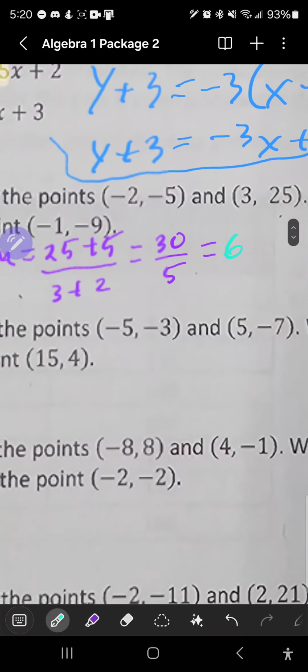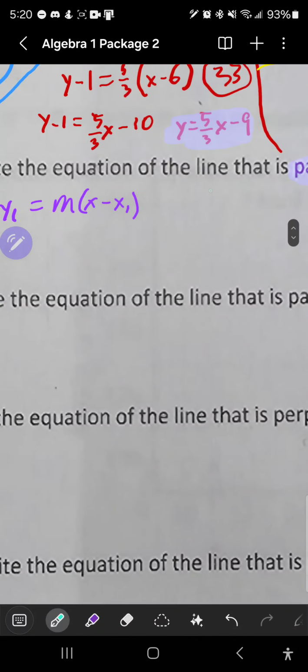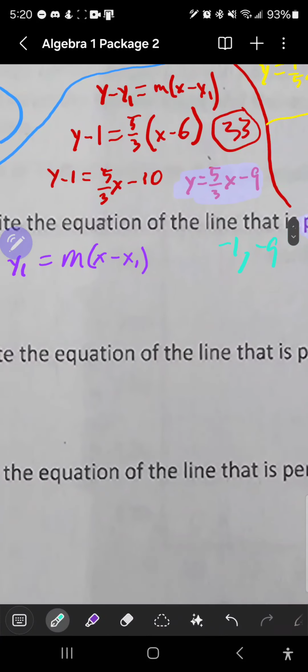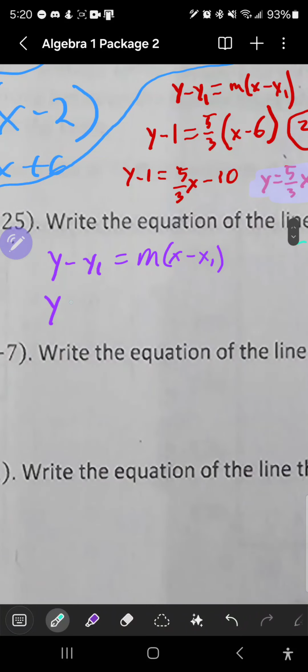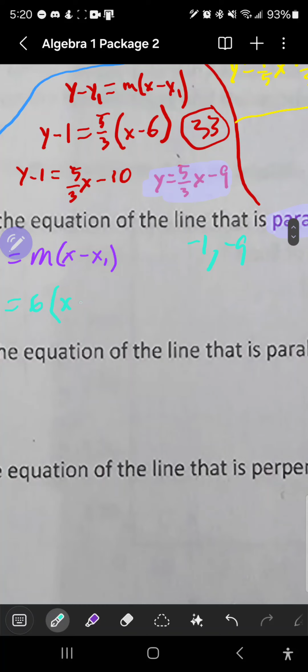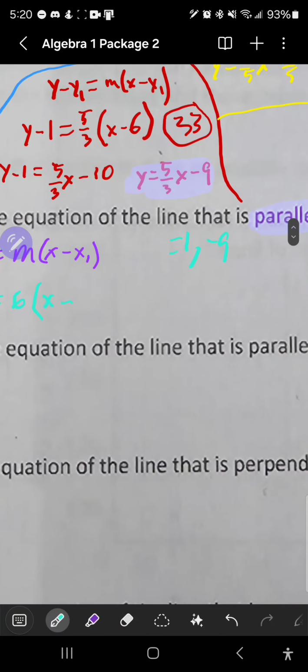Now we substitute our values, -1 comma -9. So the y value is -9, as I said before, minus and minus is positive. So y plus 9 equals 6, that was our m value from before, times x minus minus 1, positive, so x plus 1.